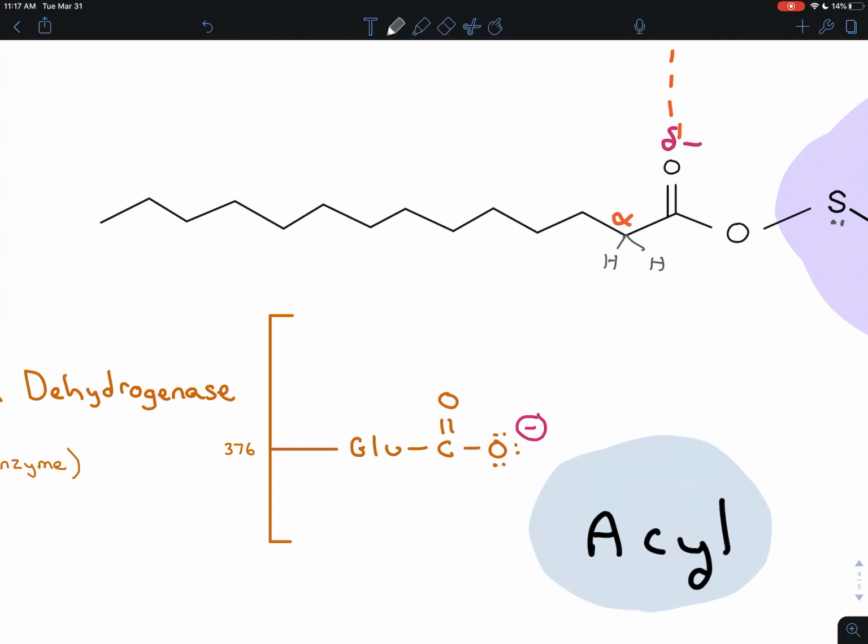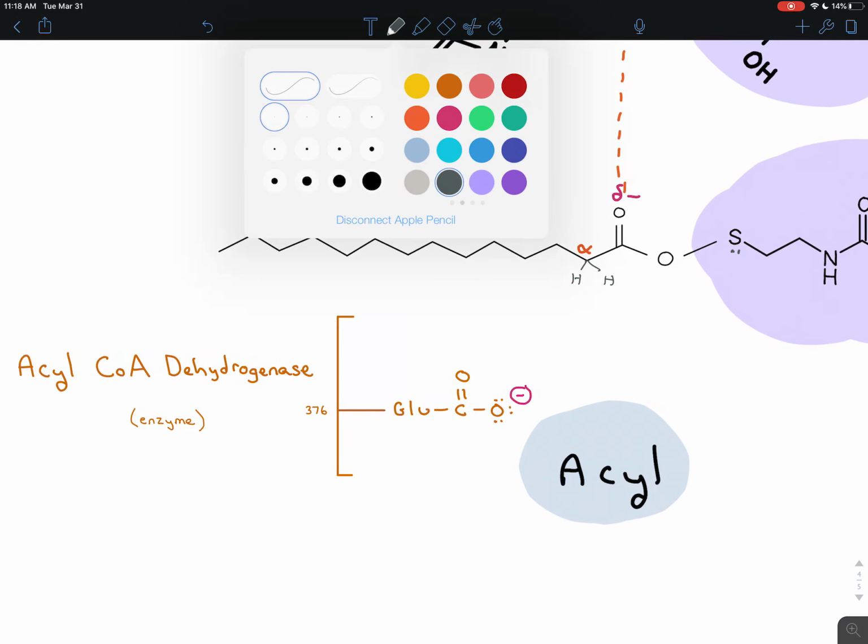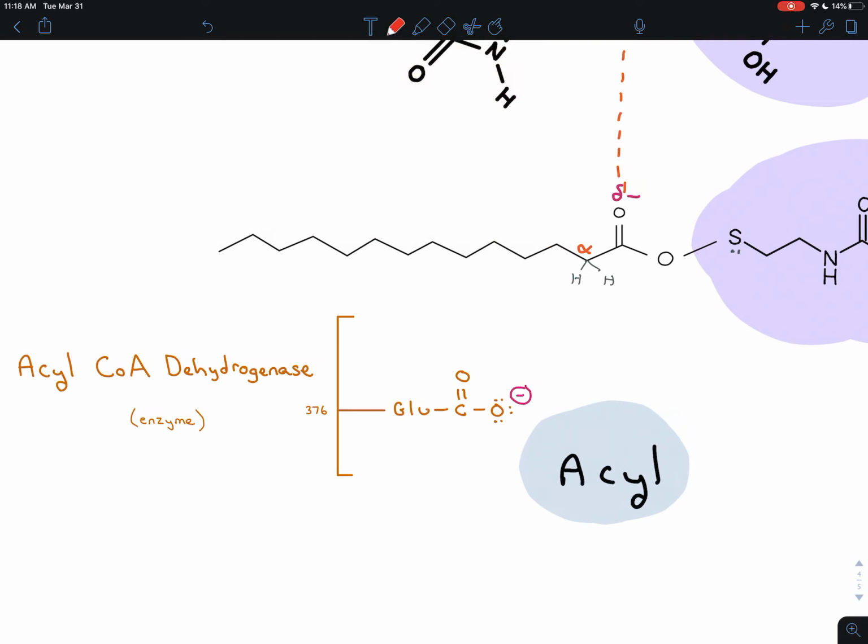Now it does need something to pull the hydrogen off, and that's what the glutamate of our acyl-CoA dehydrogenase is going to do. So the oxygen here with a negative charge, the lone pairs on there, is going to rip this hydrogen off. And for a brief second, we're going to get an intermediate.